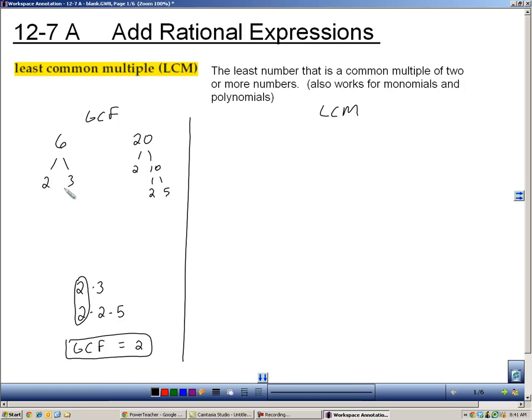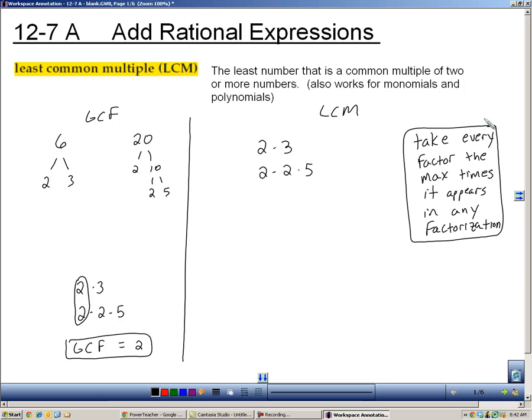Now I already have the factor tree breakdown over here, so I'm going to write the prime factorization of 6 and the prime factorization of 20. Now the key when you're looking for the least common multiple is you're going to take every factor the maximum number of times that they appear. So that's a key to finding the least common multiple.